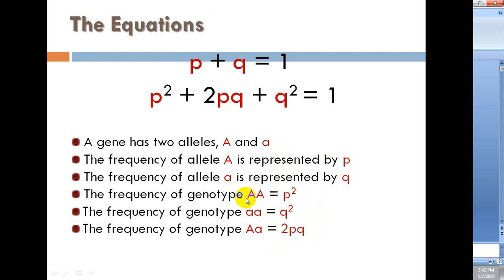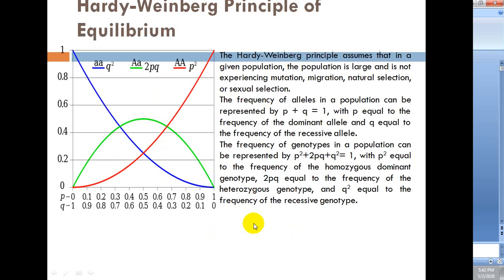This p square is the genotype frequency of all dominant homozygous individuals. Similarly, this q square is the frequency of the genotype of those that are homozygous but recessive in nature, and this 2pq is the genotype frequency of the heterozygous individuals.